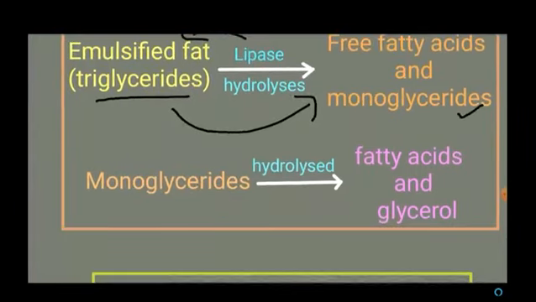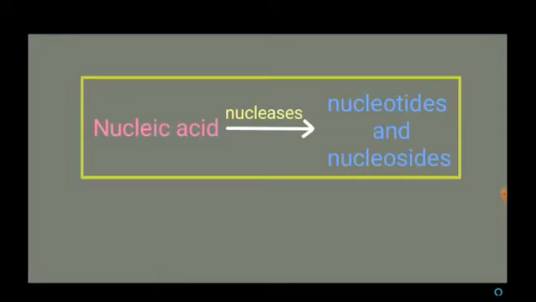Again, this lipase acts upon monoglycerides and hydrolyzes them into fatty acids and glycerol. The last enzyme, nucleases. This nucleases acts upon the nucleic acid and converts the nucleic acid into nucleotides and nucleosides.